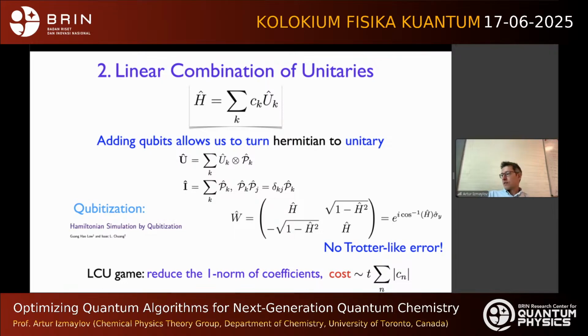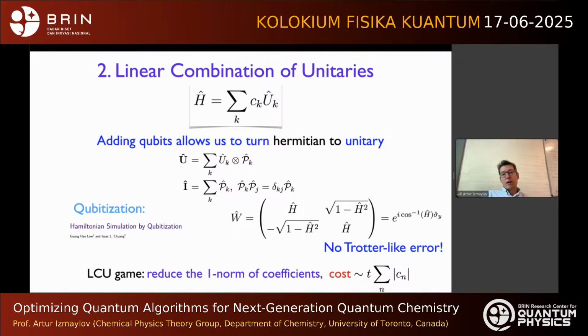But of course, as a conservation of misery in life, we have another problem. It turns out in order to do all this stuff, you need to normalize the Hamiltonian by its one norm. Along the path of getting these expressions, the one norm will appear. And then in order to optimize the algorithms based on this linear combination of unitaries, what one needs is to reduce the cost that corresponds to the one norm of the coefficients of the linear combination of unitaries decomposition.